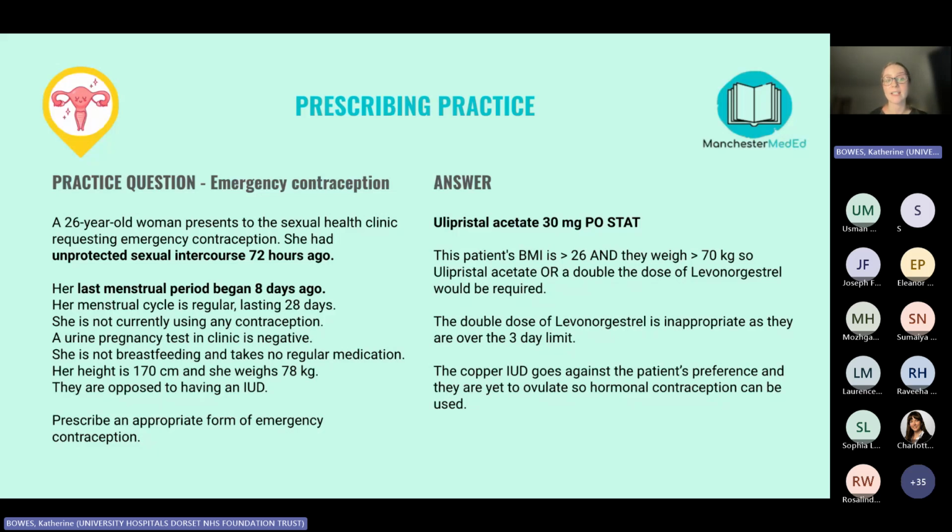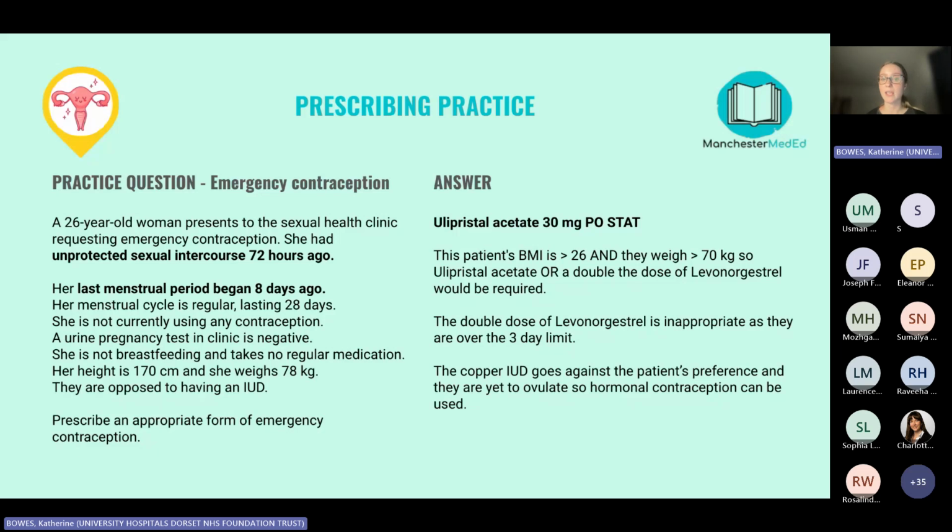She's not got any regular contraception. Her urine pregnancy test in clinic is negative. That's important if you were thinking of prescribing or fitting the IUD. She's not breastfeeding, no regular medication. In terms of her height and weight, she's over 70 kilograms, which is the important weight here. And she's opposed to having an IUD. So the patient preference is that she does not want the copper coil.